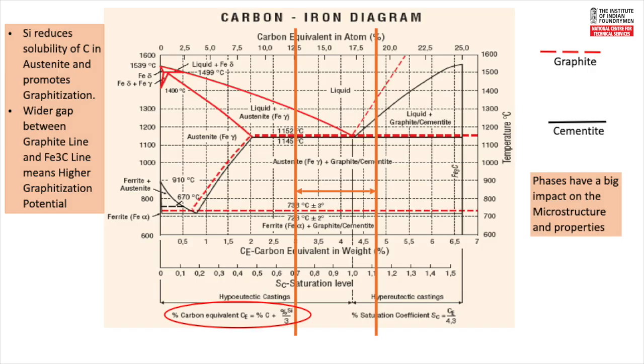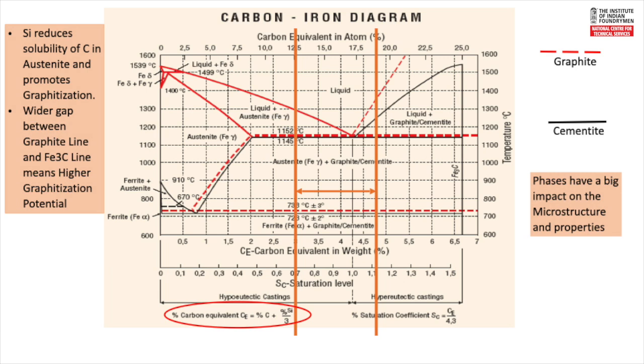Now, in this diagram, if you look, liquid is the first phase. Then on the left-hand side, you see something called austenite, which is a phase of iron. That means a certain amount of carbon is dissolved in iron in the form of austenite, which has a particular crystal structure, which we'll see in the next slides.